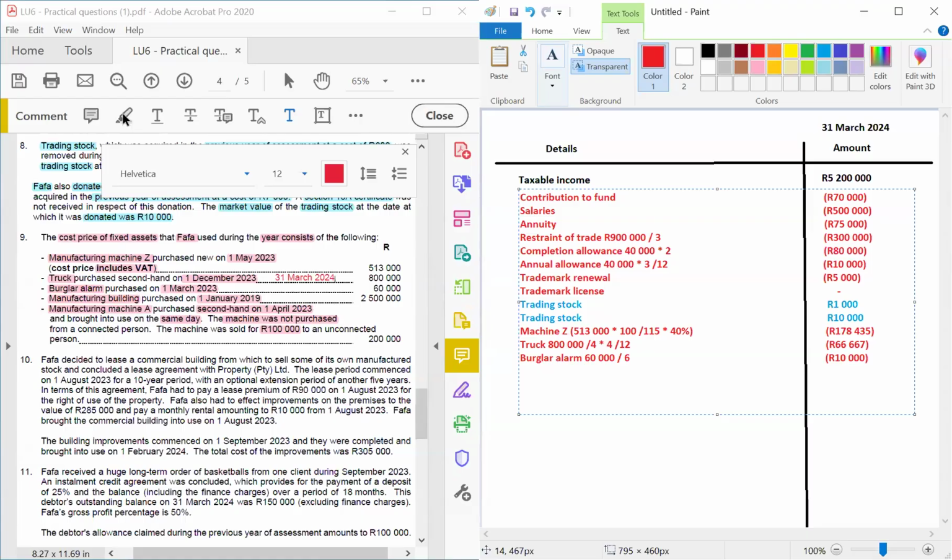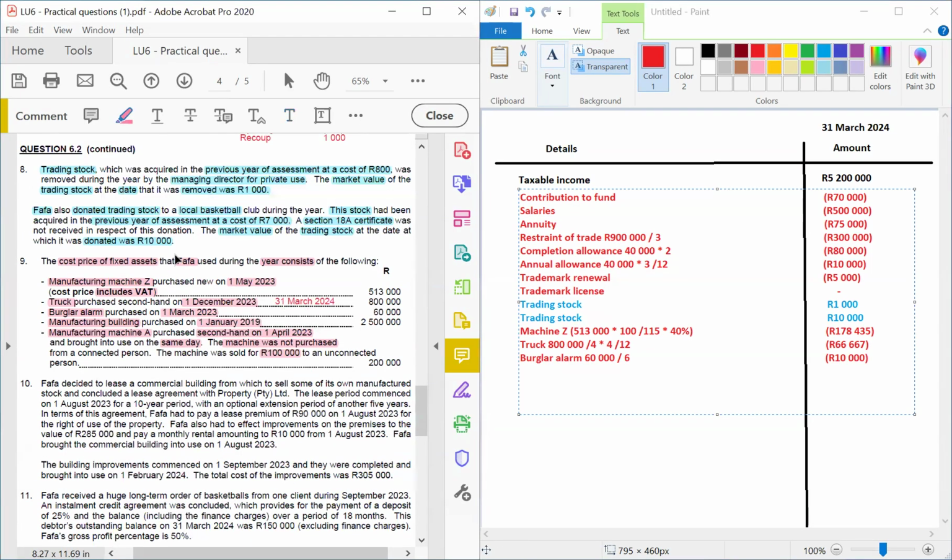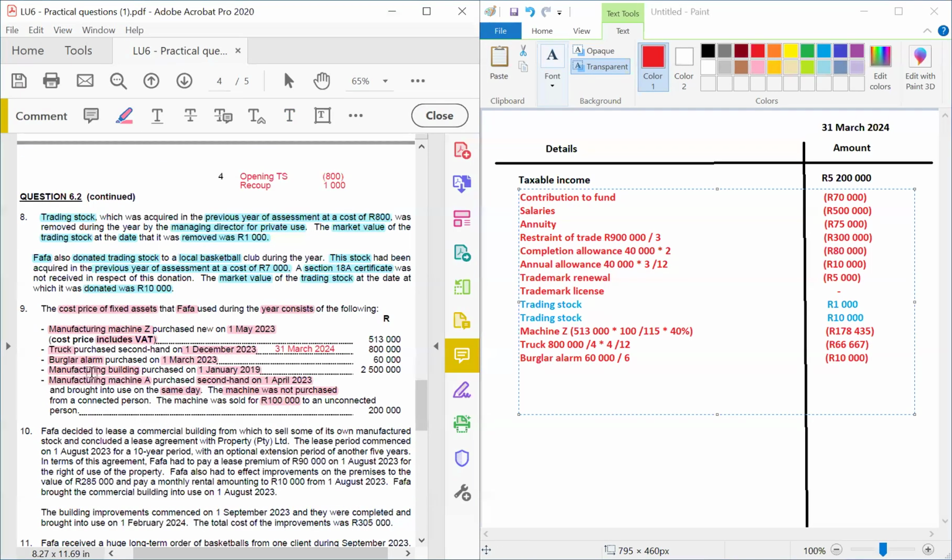Now, we also have a manufacturing building. As we have manufacturing buildings, you apply section 13.